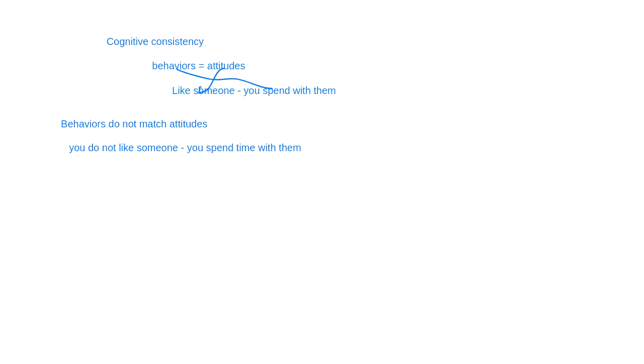Your behavior, the fact you're spending time with them, does not match your attitudes, that you don't like someone. That would be known as cognitive dissonance. So I'm going to put that in red right here.